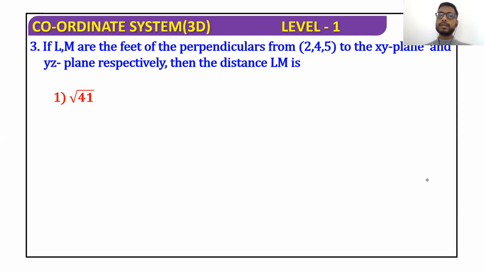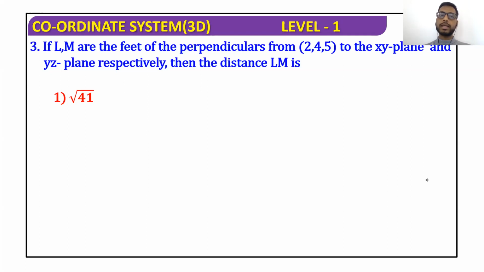So when I'm saying that L is feet of perpendicular on xy plane, I'm saying that coordinates of L are 2, 4, 0. I'm going to consider the z coordinate as 0 because it is meeting at xy plane.